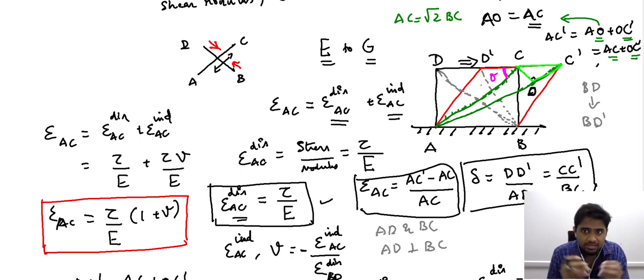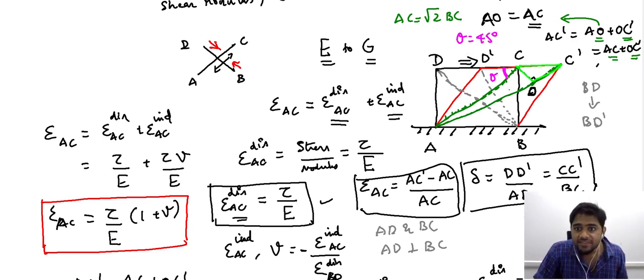This diagonal splits the angle at C into two equal parts. At C, the original angle is 90 degrees, the diagonal splits it into two equal parts, so theta assumes a value of 45 degrees.